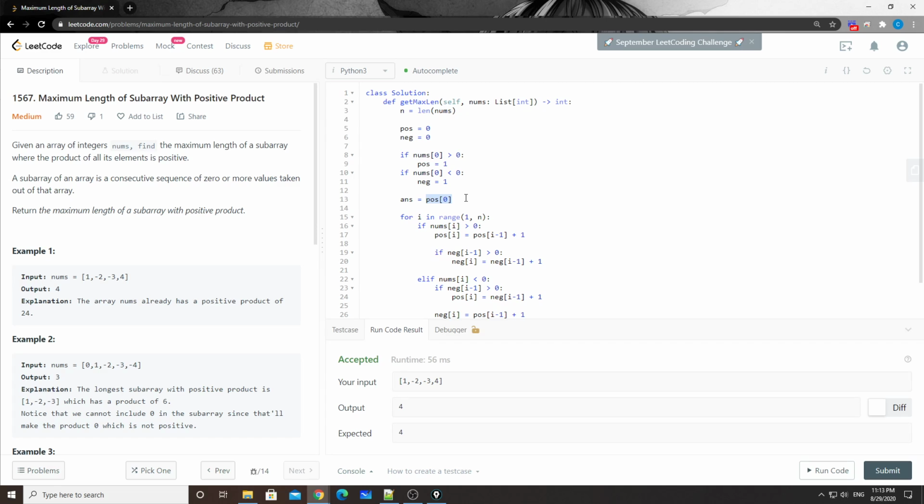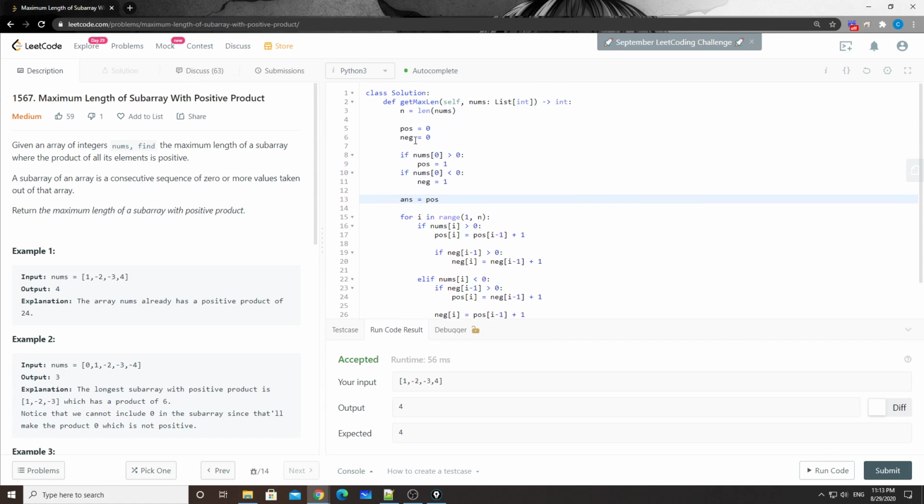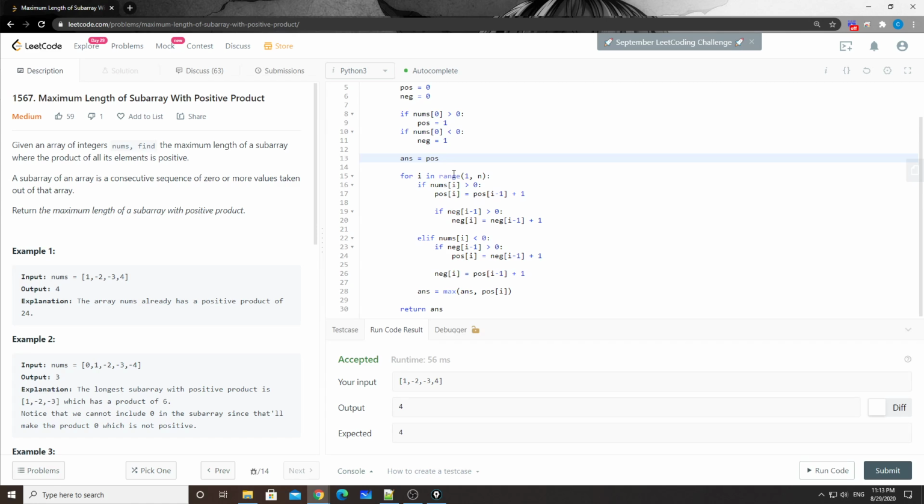So we can just leave everything here, and here I think the easiest way is we always do a pos2 and a neg2, and in the end we just update that.